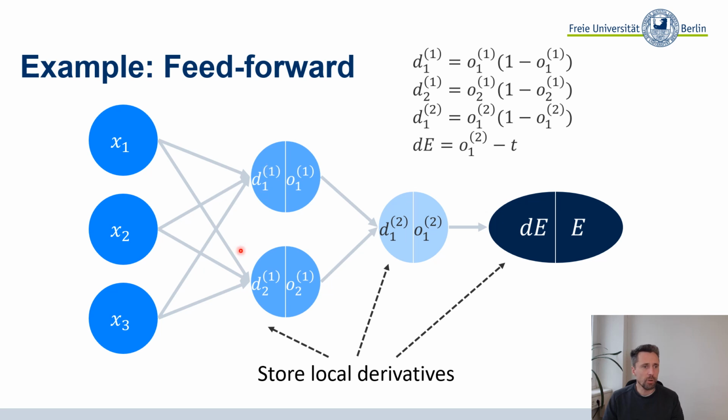We do this for this node and for that node and for that as well, because they are all sigmoid nodes. And this one here is no sigmoid node. It's just a squared error. And now you see why we used 1/2 times the output minus T squared, because now moving the square to the front cancels this 1/2 out. And this is the derivative that we store in the error node.